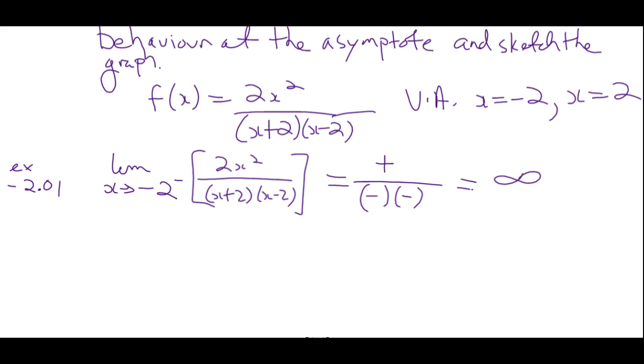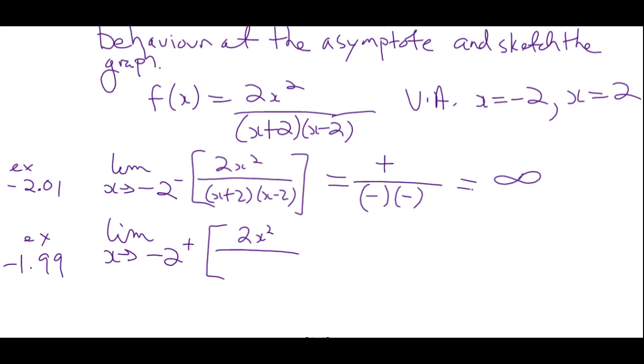We'll do the same thing three more times. Limit as x approaches negative 2 from above. For example, let's use negative 1.99 in 2x squared over (x plus 2)(x minus 2). The top is positive. I have negative 1.99 plus 2, which is a very small positive. And negative 1.99 minus 2 is a negative.